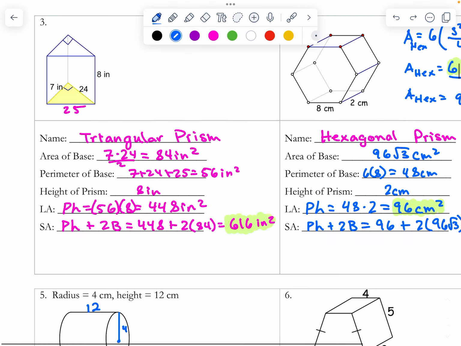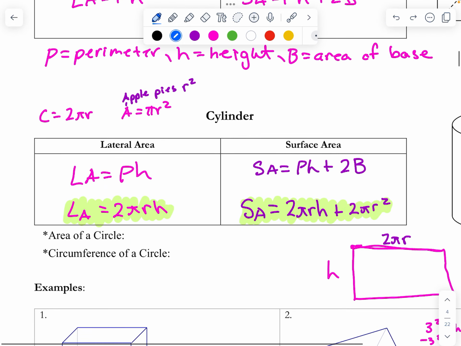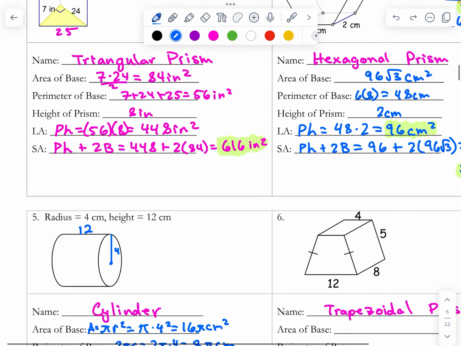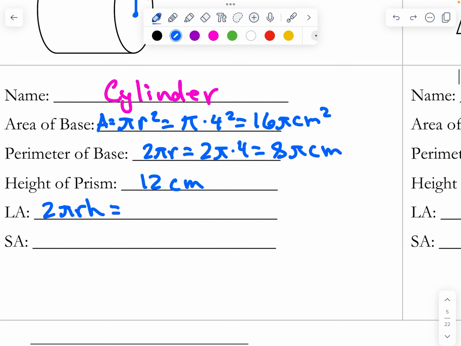Again, you can still use the same exact thing, perimeter times height. We have the perimeter, so it's just going to be 8 pi times 12, which gives you 96 pi. But if you use 2 pi r times height, you will end up getting the exact same answer. 2 pi r is 2 times 4, times height 12. That's 2 times 4 is 8 times 12 is 96.